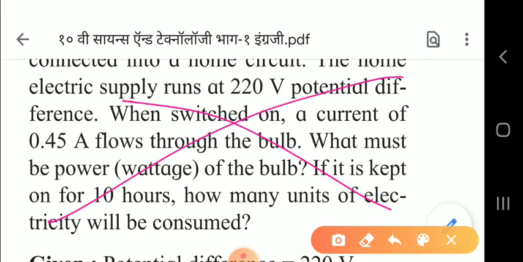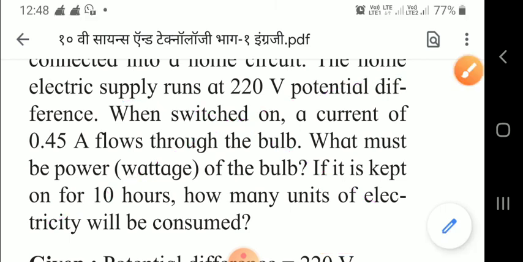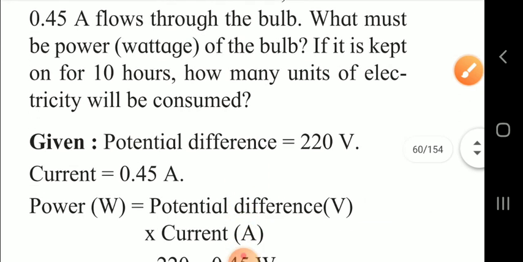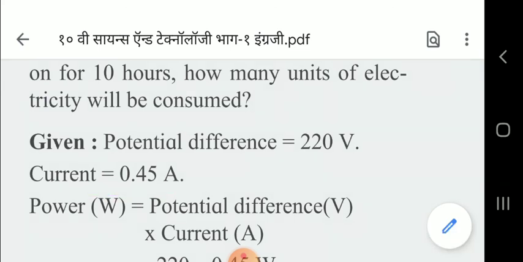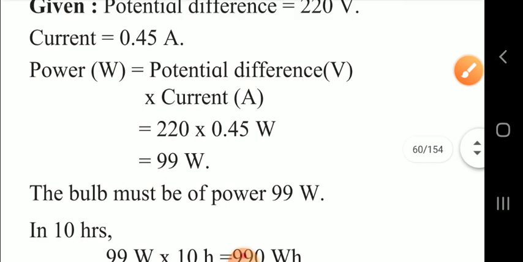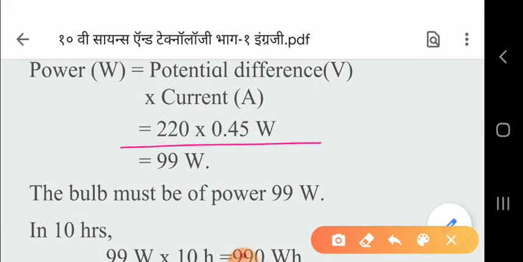Potential difference is 220 volt, that is given here, and current is 0.45 ampere. So power is equal to potential difference into current. So it is 220 into 0.45 watt. So 99 watt. The bulb must be power 99 watt.